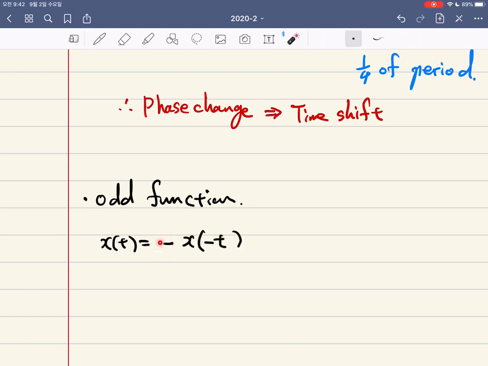This is the only difference between the even function and the odd function.